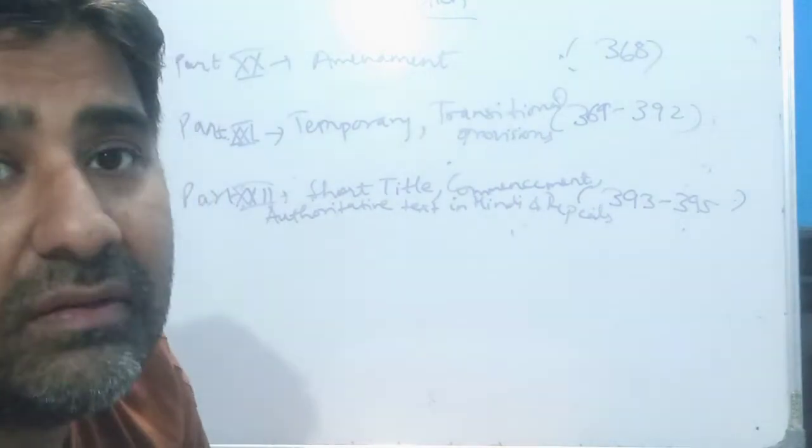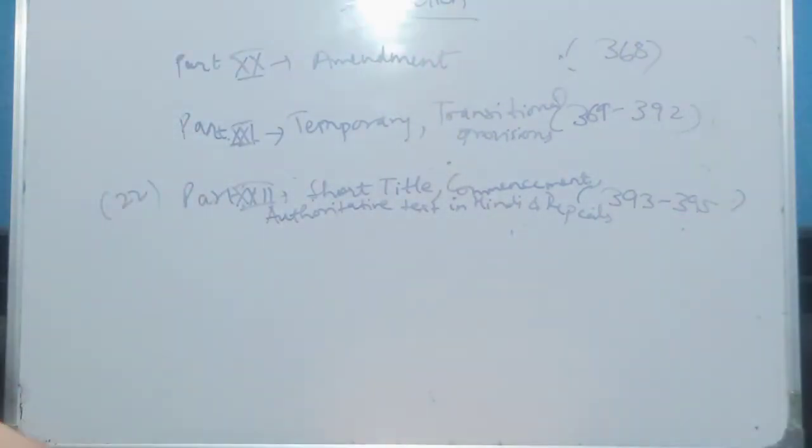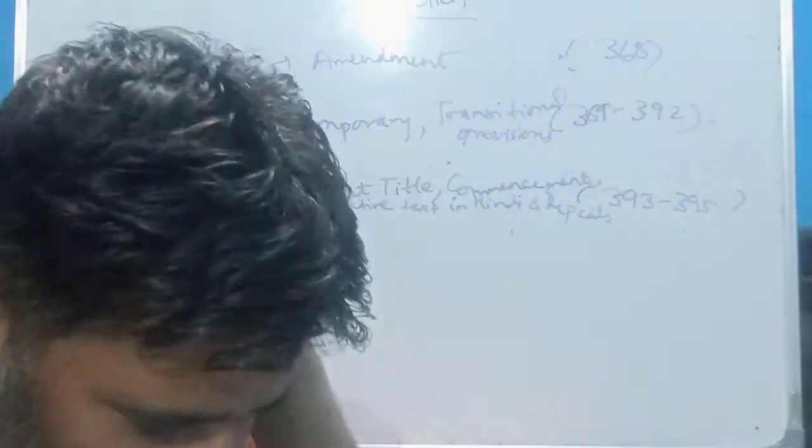Then panchayats, municipalities, union territories, very important. Union territories is from 239 to 242, then 243 to 243O which is panchayats, 243P to 243ZZ municipalities and cooperative societies.